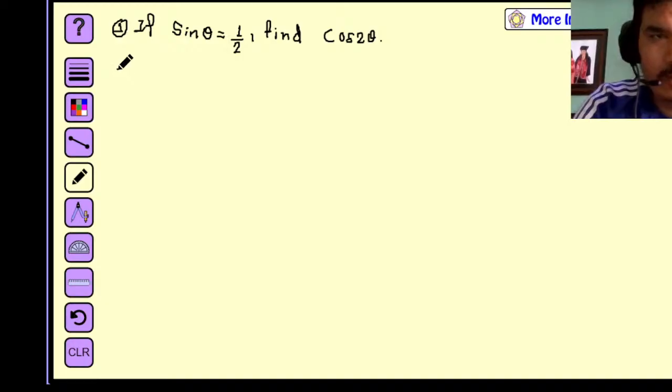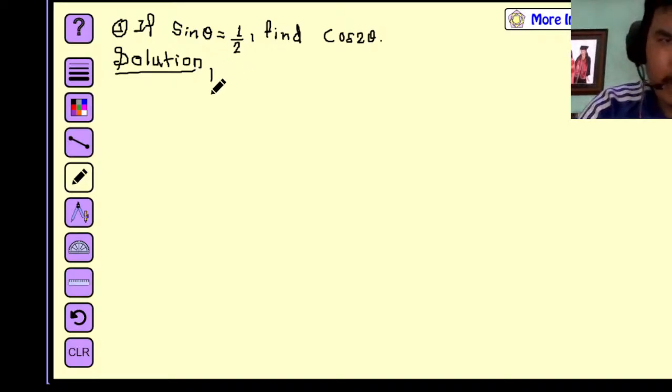First of all, write solution for this question. First of all, write the given value.